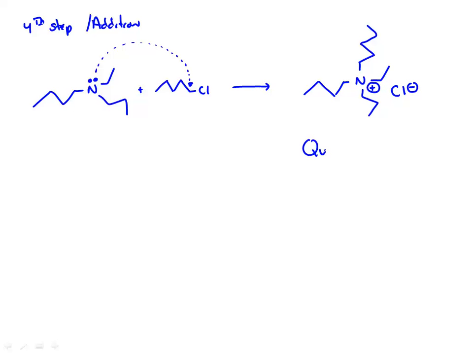And so this is what we call a quaternary ammonium salt. Quaternary means 4, meaning it's nitrogen with 4 alkyl groups on it.